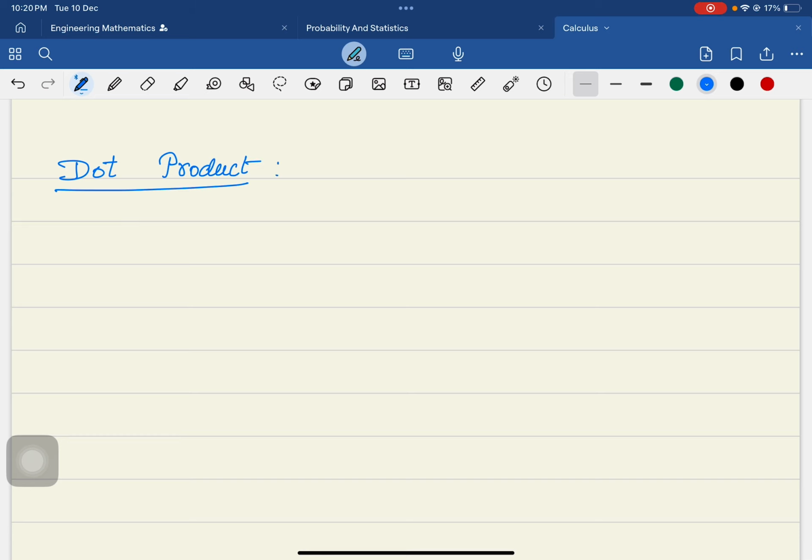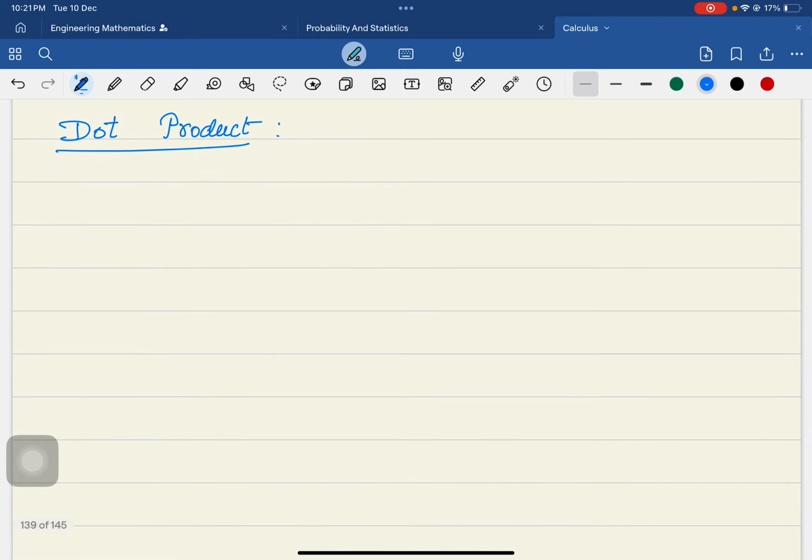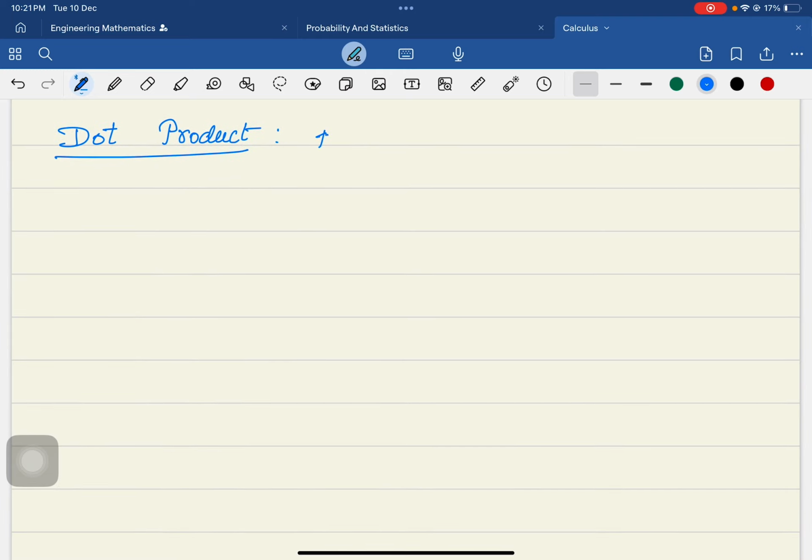So what is meant by the dot product? Suppose A and B are any two vectors.